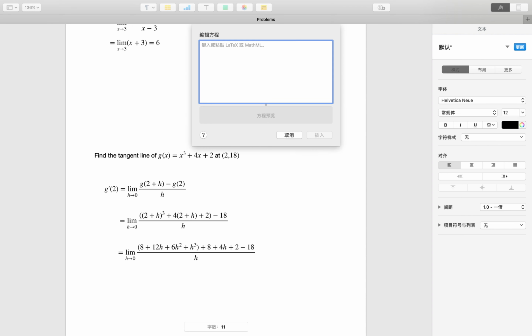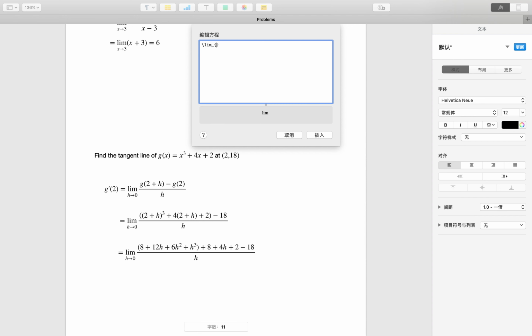So we can combine the like terms in the numerator of the previous limit. We first combine the constant terms. 8 plus 2 plus 8 equals 18, and 18 minus 18 is 0. So we have no constant term in the numerator of the next limit.